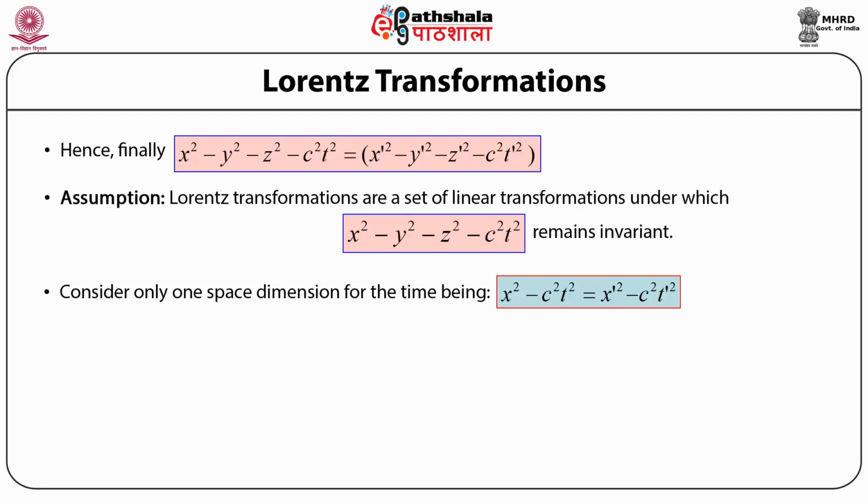Then the above equation can be reduced to x² − c²t² = x′² − c²t′².